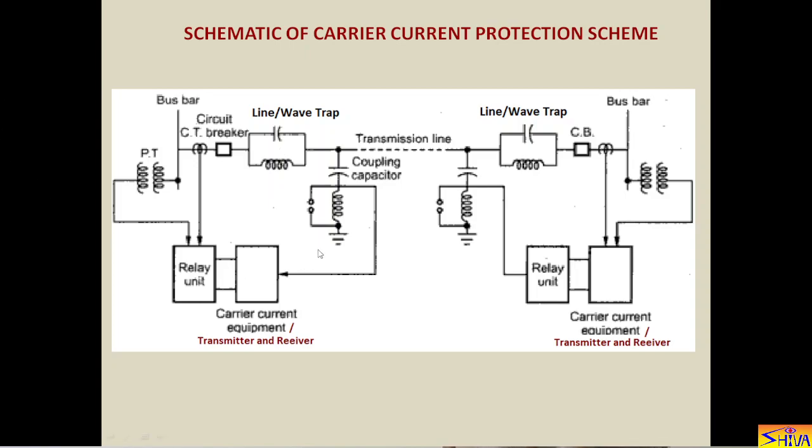So when carrier signals are injected in the line, in place of going in this direction, they will move in this direction. Similarly, the carrier signals injected in this line, as the line trap provides very high impedance, come towards this end and do not enter the line trap or wave trap.